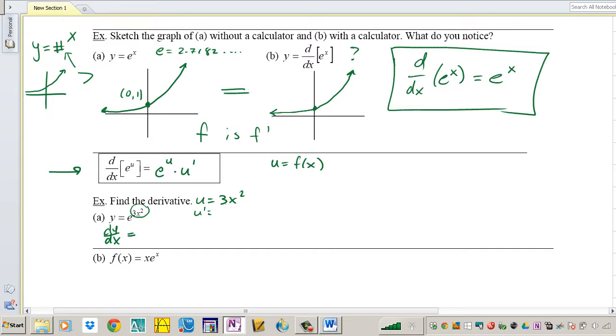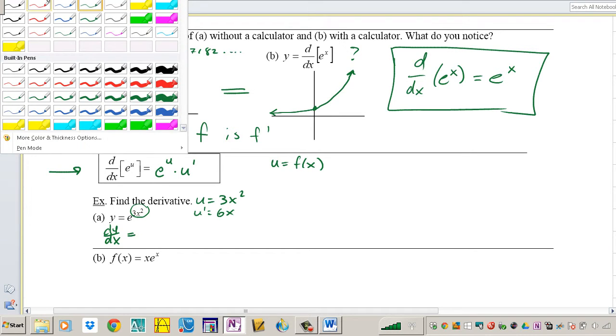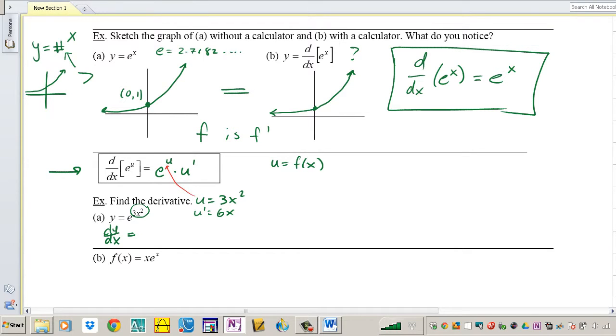And what is the prime of u? Well, the prime of u is 6x. All I have to do is plug and chug. And I'm done. e to the 3x squared times 6x. On an AP exam, you'll see it as 6x e to the 3x squared.